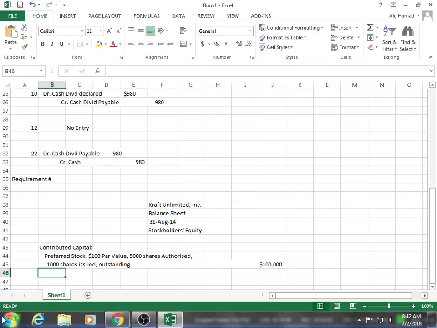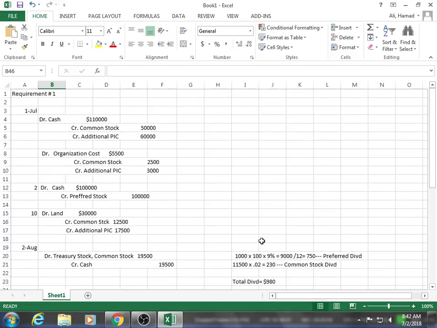Okay. Do we have a PIC for the preferred shares? Take a look at the transactions we did. Did we have any PIC for preferred? The first one we did was a common stock, correct?